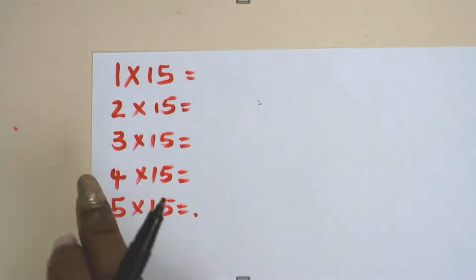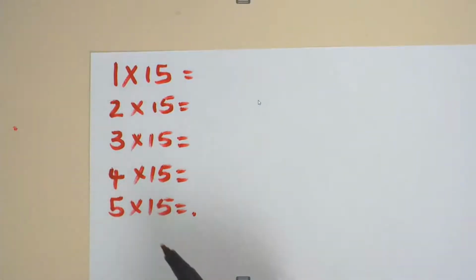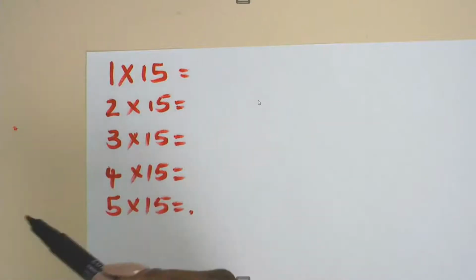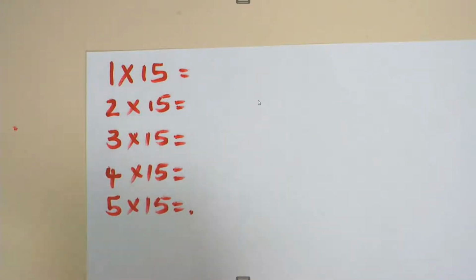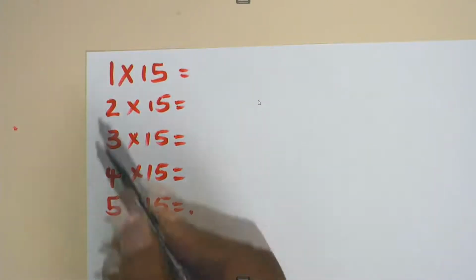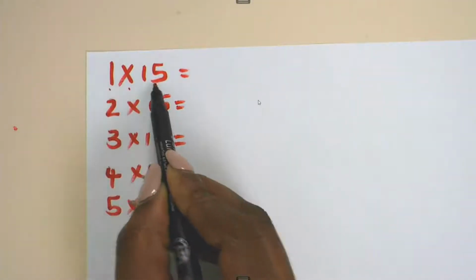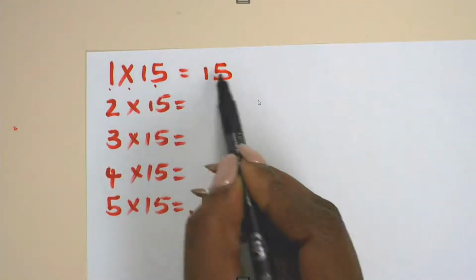Now, remember I said to you we have to write the number sentences. Before we can show the relationship between the flow diagram and tables, we have to firstly find the output values. Remember from the previous activities, we found that 1 multiplied by 15, the answer is 15.